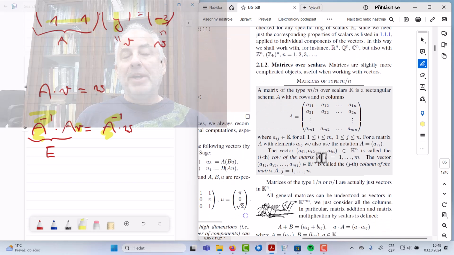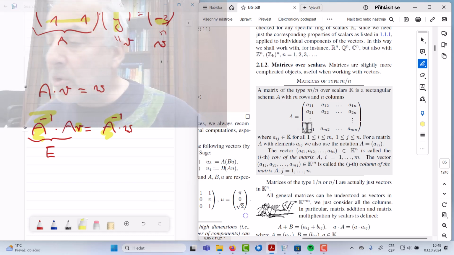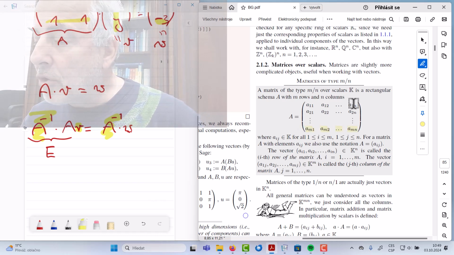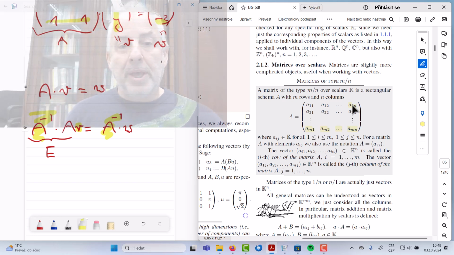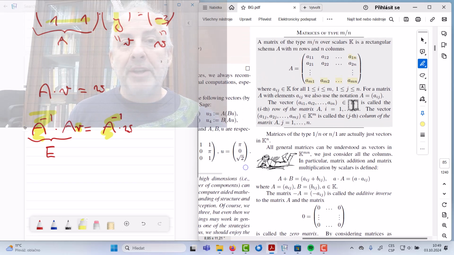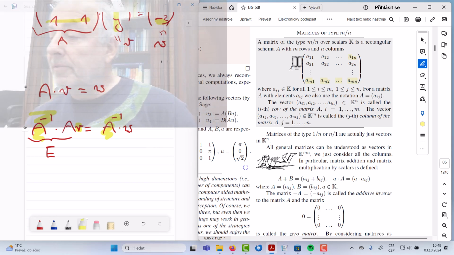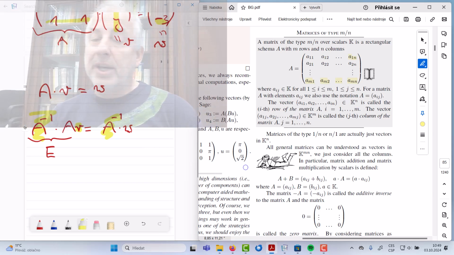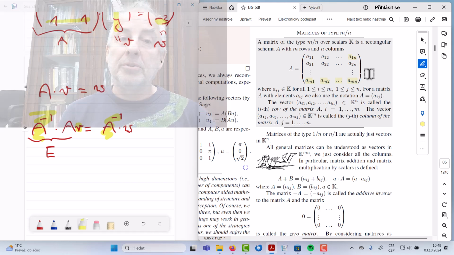And now we come to the matrix. So matrix is an array which has got m rows and n columns. And with the matrices, again, it's actually vectors of size m times n, right? So we can just read the matrix row by row and consider it as a long vector.